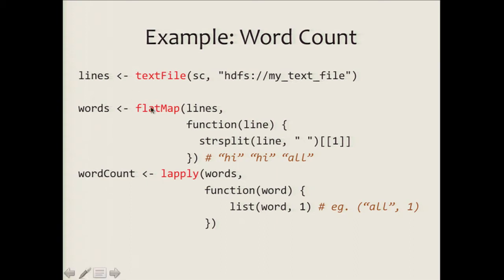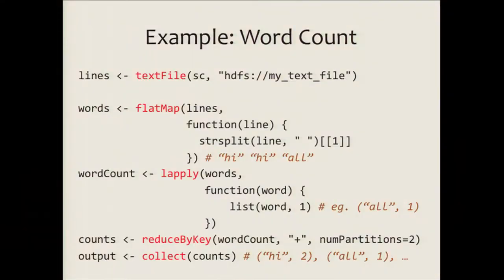And by passing this closure to the SparkR flatMap function, we get back the words RDD. For the next step, we use the lapply or map function over this words RDD. And again, we are using native R closures here. This function just puts each word into a key value pair, where the key is the word itself and the value is the number 1.